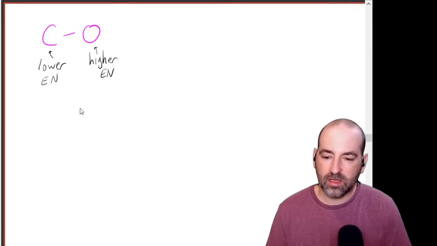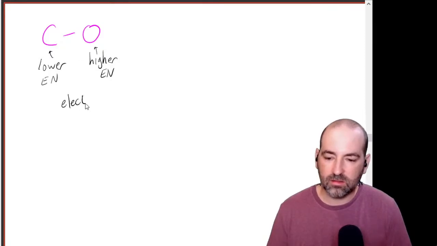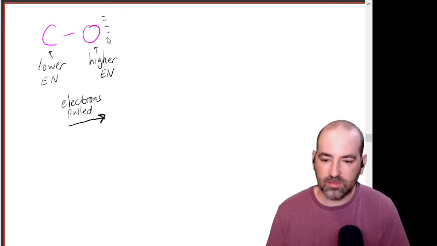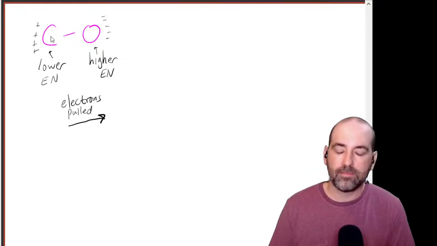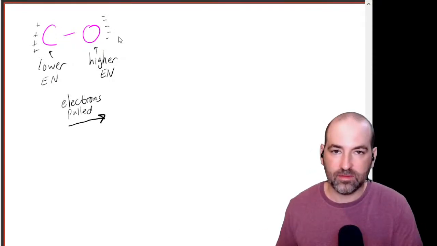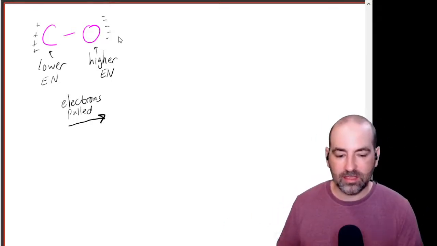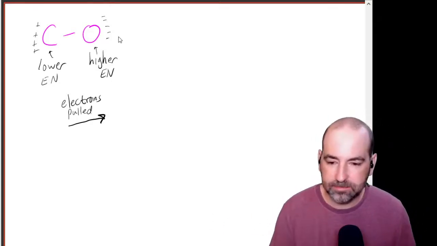That means the electrons in the bond are pulled toward the oxygen. So this side of the bond has some negative character, and this side has some positive character because of that lopsidedness. The negatively charged electrons are pulled over to one side, so it's more negative on that side, less negative or positive on the other side.